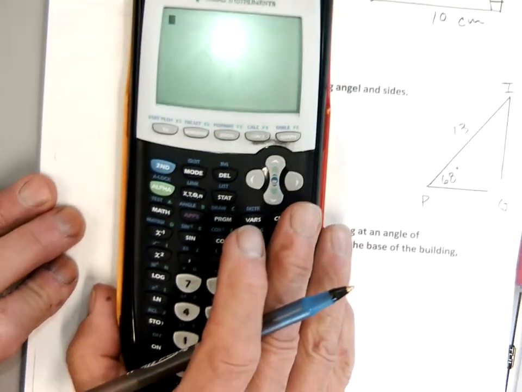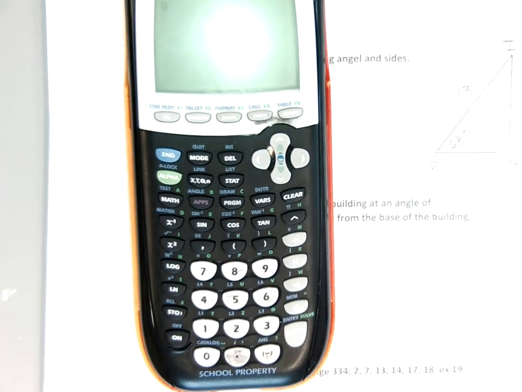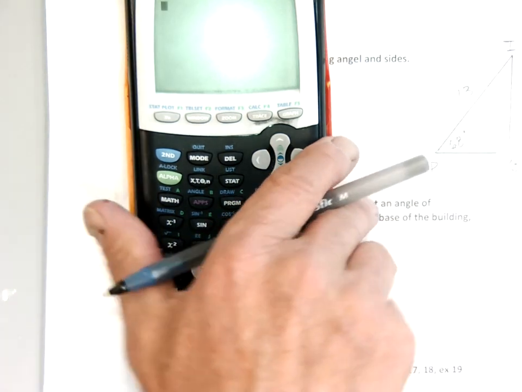In my calculator, the buttons I want to push are in blue. It's the inverse. We're using it to find an angle from a side.